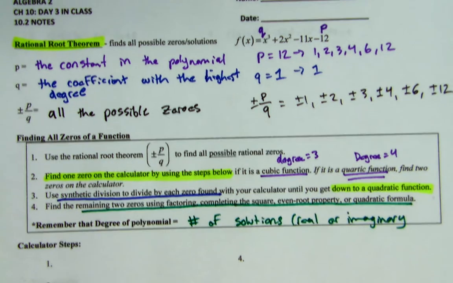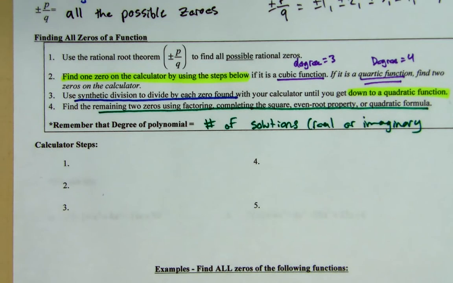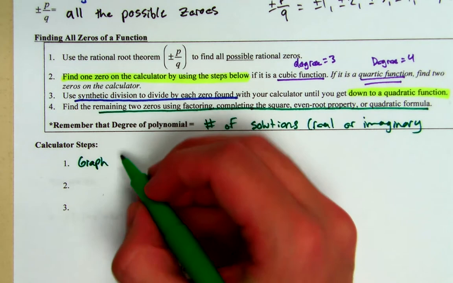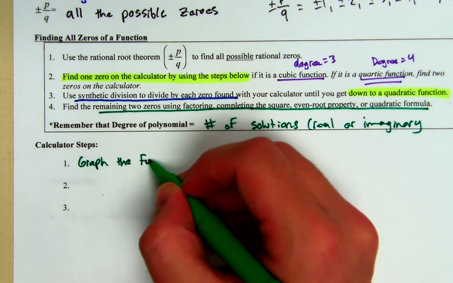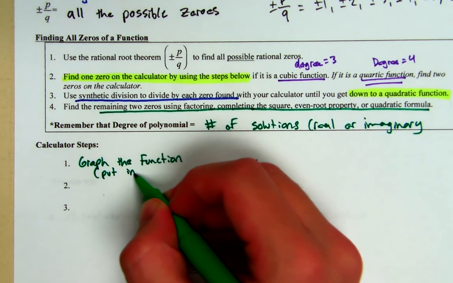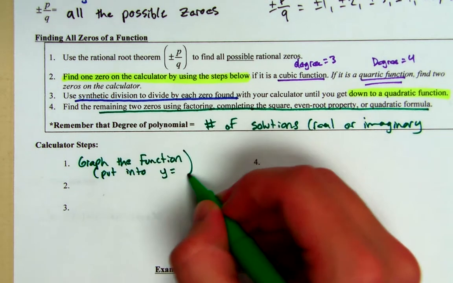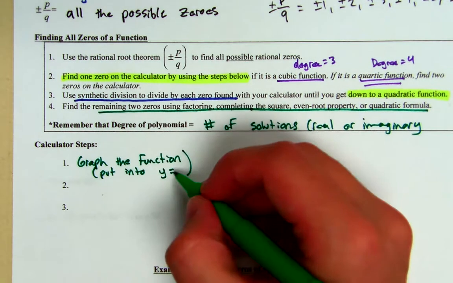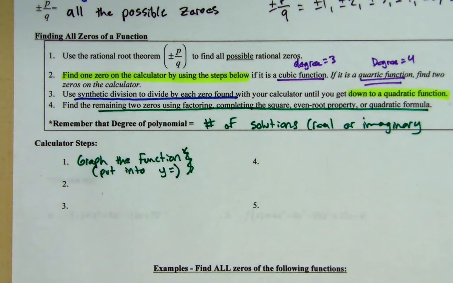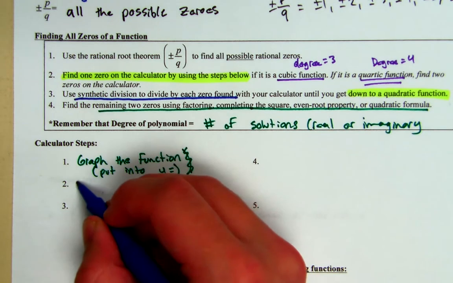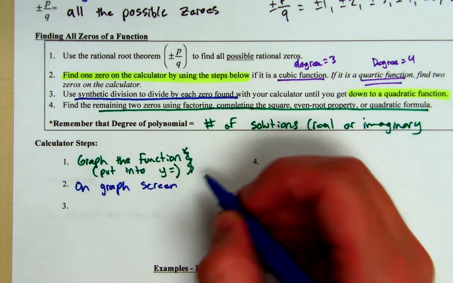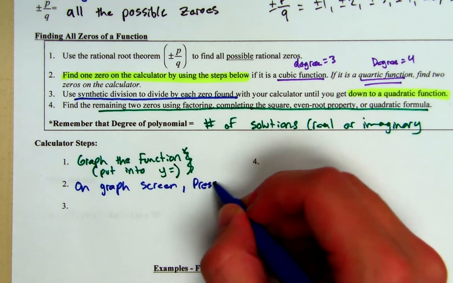So here, we're going to have some calculator steps for how you find those zeros. So step 1, you're going to graph the function, aka put it into y equals. Step 2, on the graph screen, press the button that says trace.